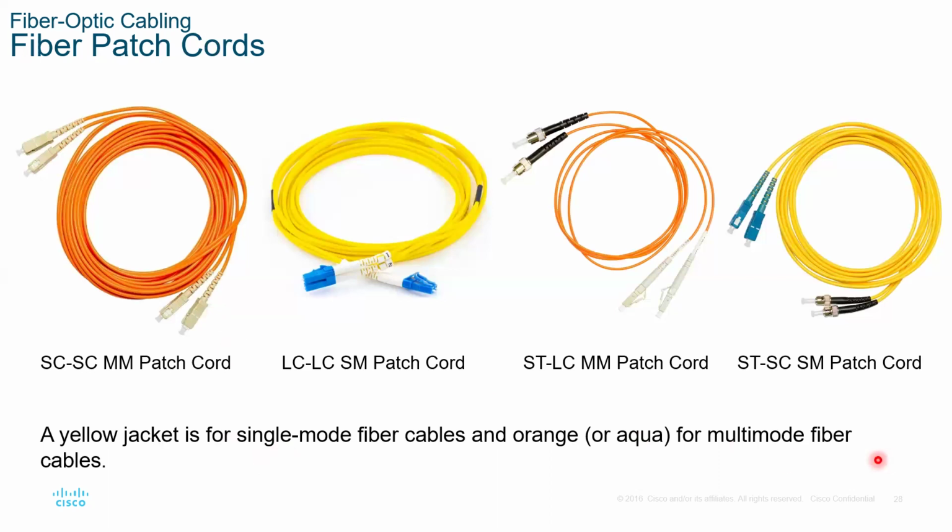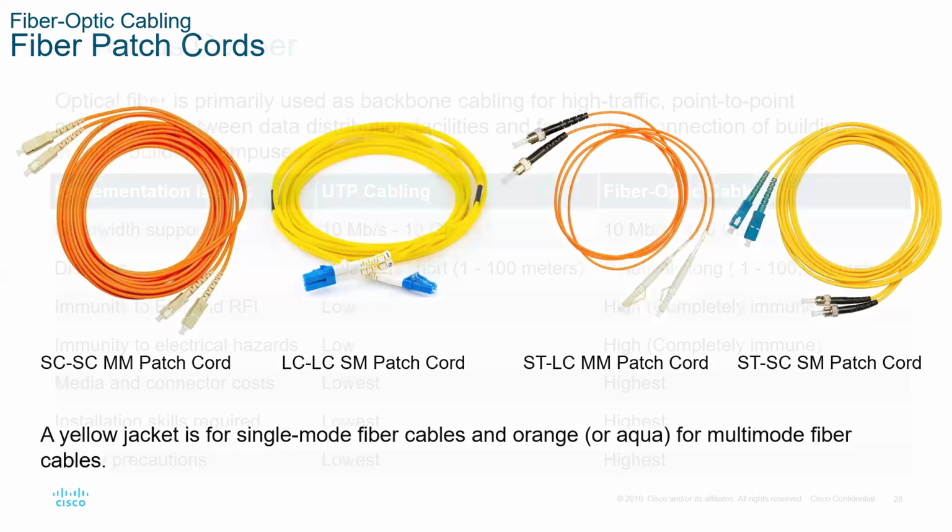If you see an orange, it means it is multi-mode. I think we also have a blue, but we don't have to open up deeply on fiber that much. That's a discussion for another day. We have many different colors, but those are the basics for my colors. Yellow is single, orange is multi-mode.